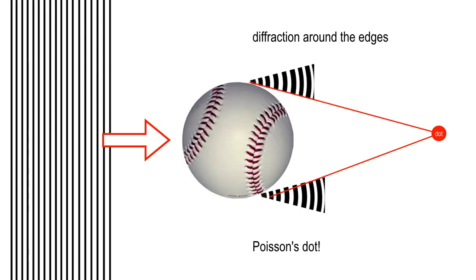Poisson and a bunch of French scientists were trying to figure all this wave theory of light out, back in the 1800s, I believe. They said, if light really is a wave, and if it does diffract, then this should happen.